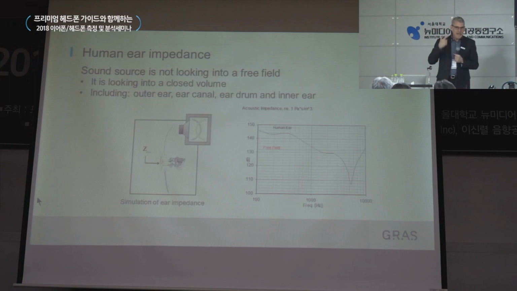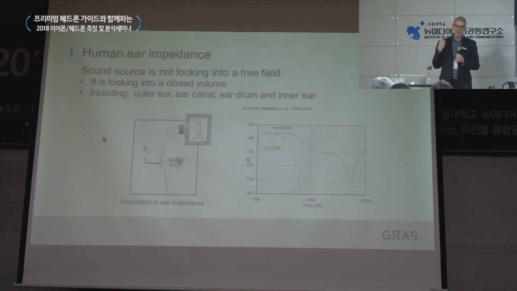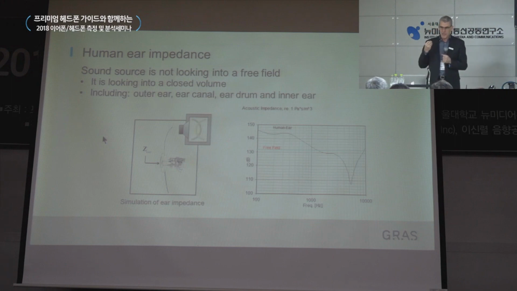If we look at what happens when the sound enters the ear, it enters into a smaller volume, as we see here by a box, and you have a small speaker being the headphone. And that has a very different acoustic impedance compared to normal free field condition.